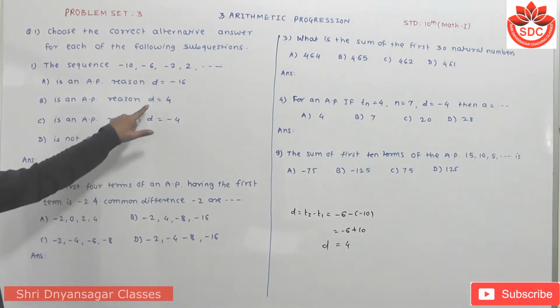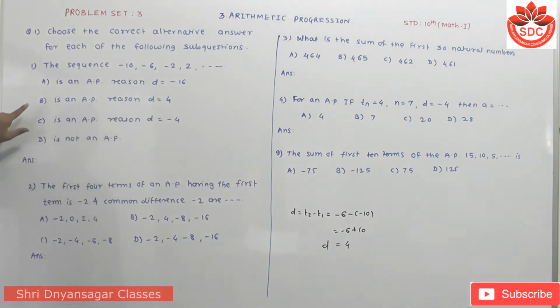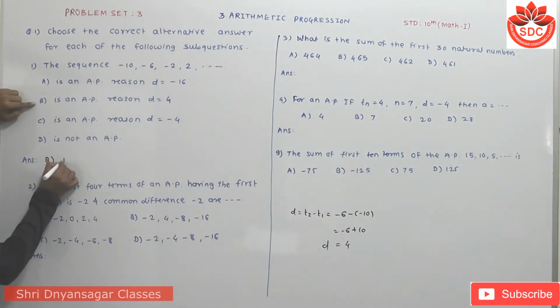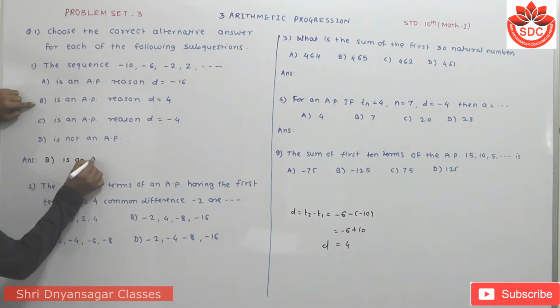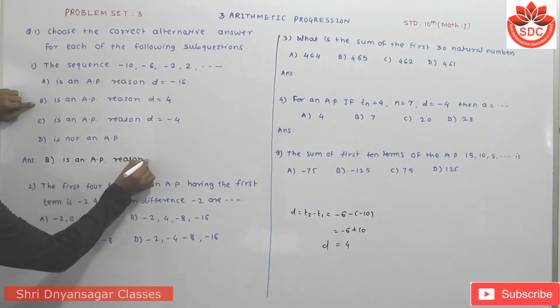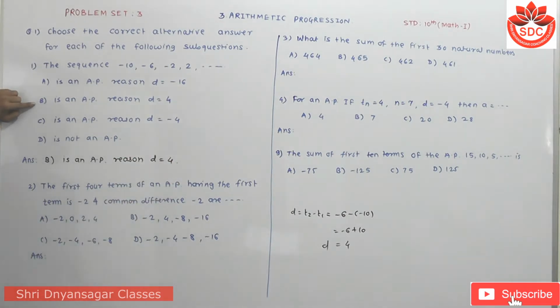So the answer of this sub question is B. I write B: it is an AP, with D equal to 4.